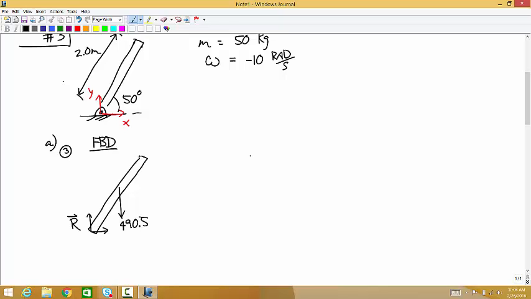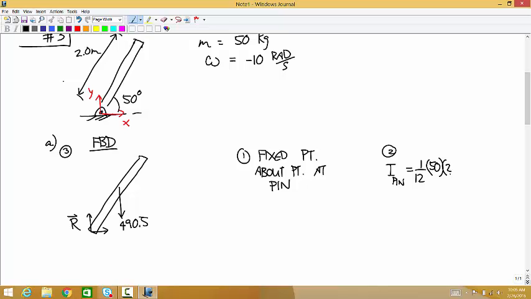Okay, so step 1. Is there a fixed point or not? Yes. So the about point has to be at the pin. And so the moment of inertia about the pin is equal to the moment of inertia about the center of mass, 1/12 times 50 times 2 squared, plus the parallel axis theorem. So that's the moment of inertia about the center of mass.